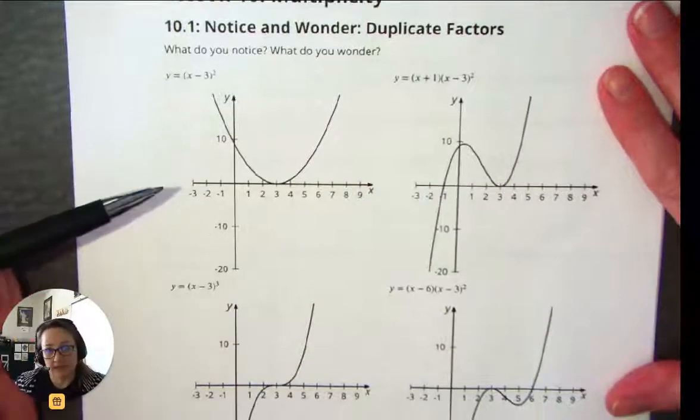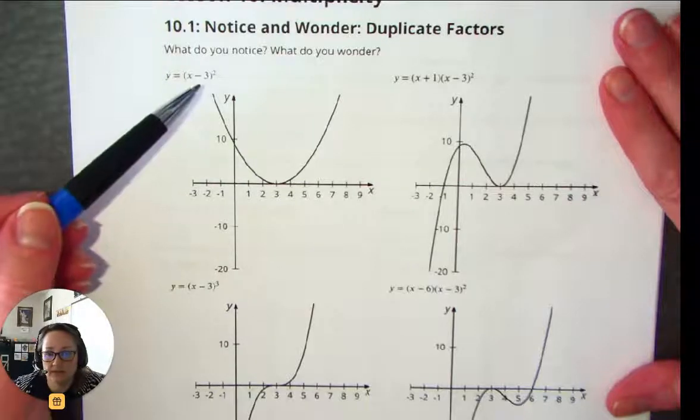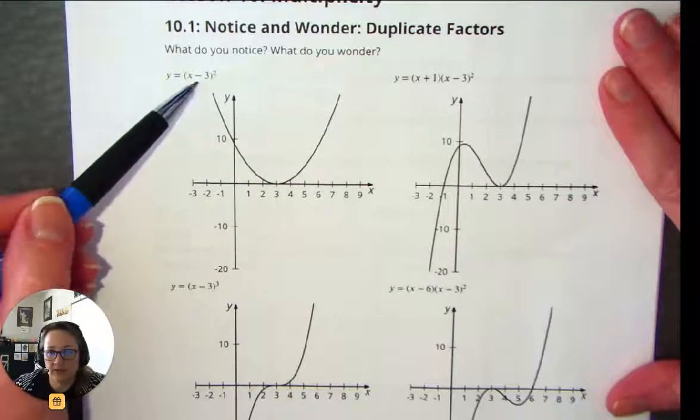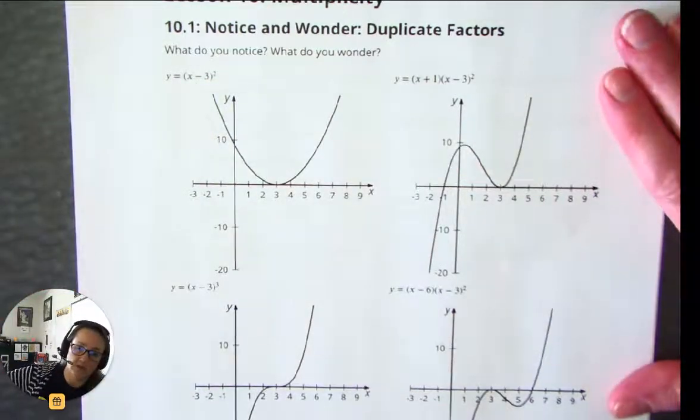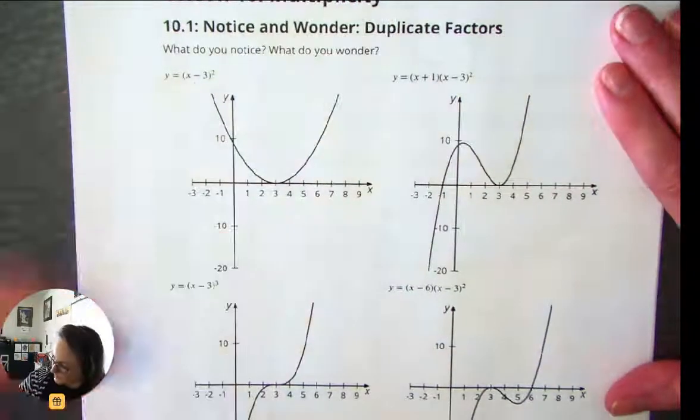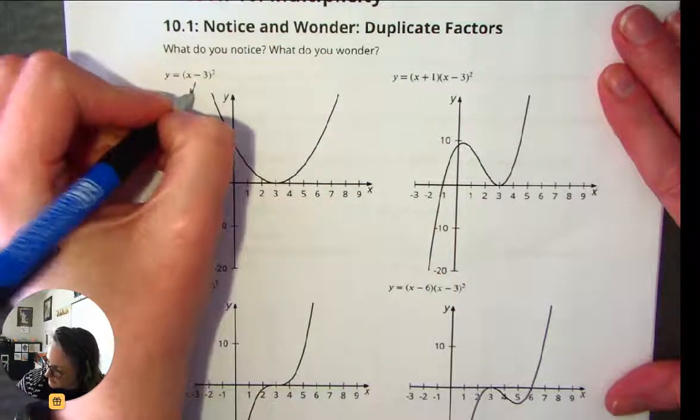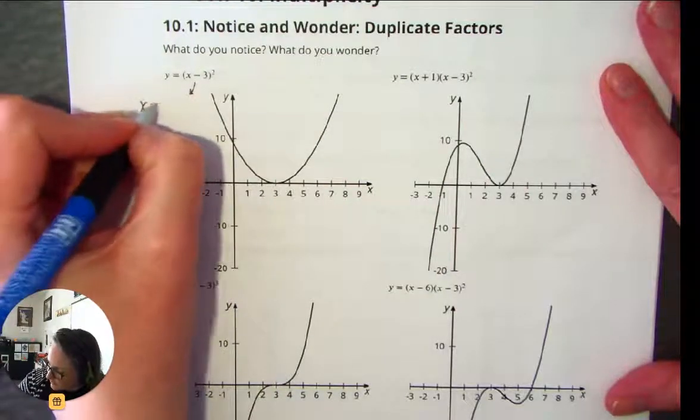Some things that I notice and wonder is, first of all, that I'm going to make the connections of each of our factors and how they turn into zeros. We've seen this throughout our unit so far. So I see that I'm going to have each of these factors turning into a zero.